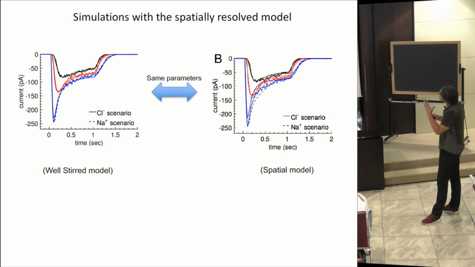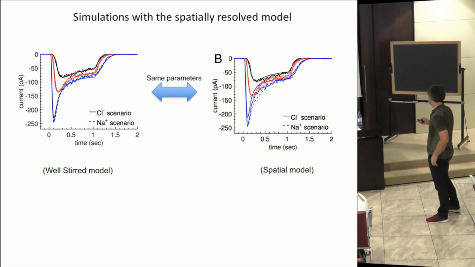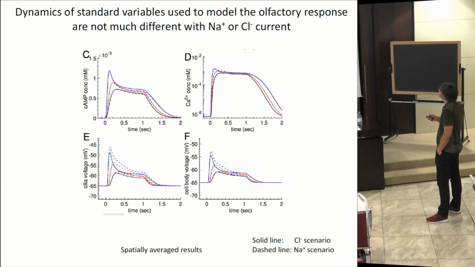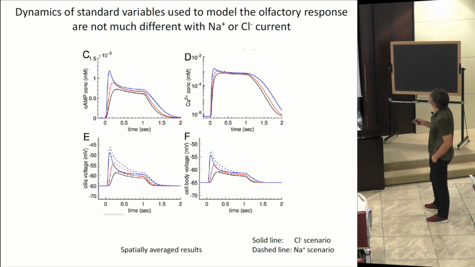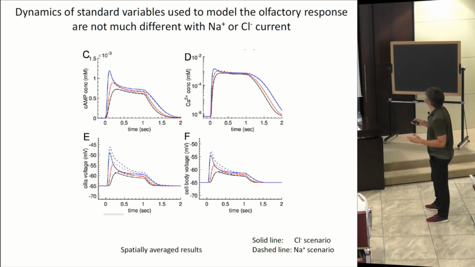It still gives a reasonably good approximation, which was already sufficient for me because it gives you the right framework. So you have parameters that work well. Again, if you look at this, I don't see much difference whether you do it with chloride or sodium. You can look, for example, at the dynamics of standard variables used for olfactory responses up to now, where they usually assume that the concentrations are constant, except of course the calcium concentration and the cyclic AMP concentration.